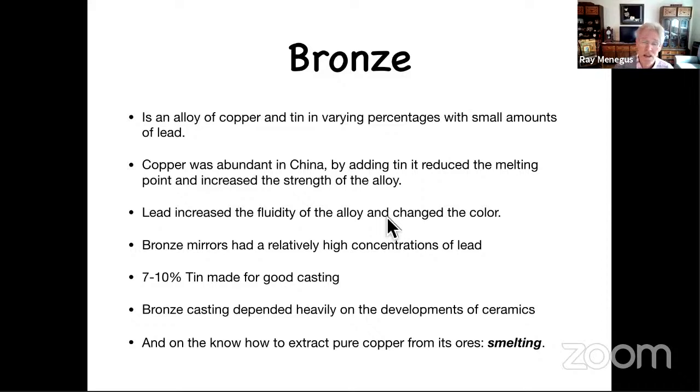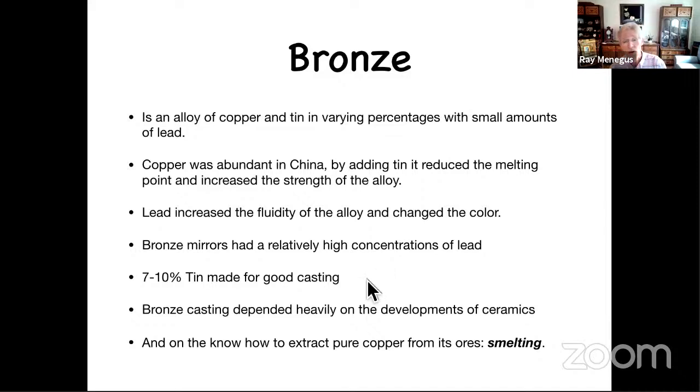And the more and more lead you add to the copper, it changes its color and makes it brighter and brighter. And so the mirrors that we have in our collection would have had a higher concentration of lead that would have made them reflect the light better.